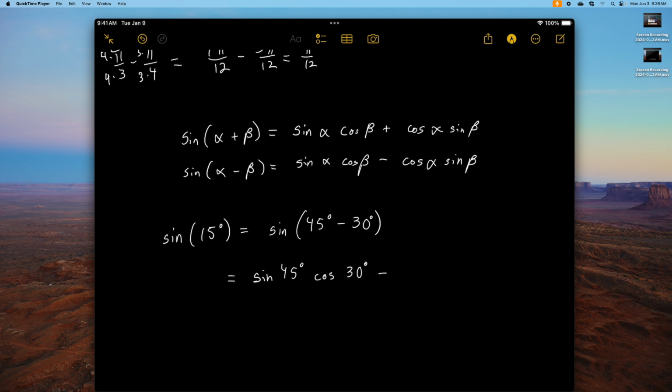This is the difference formula. Minus cosine of 45 sine of 30, which is square root of 2 over 2 times cosine of 30. Let me go back to my unit circle here. I got it on another screen. Cosine of 30 is, oh, sorry, square root of 3 over 2.